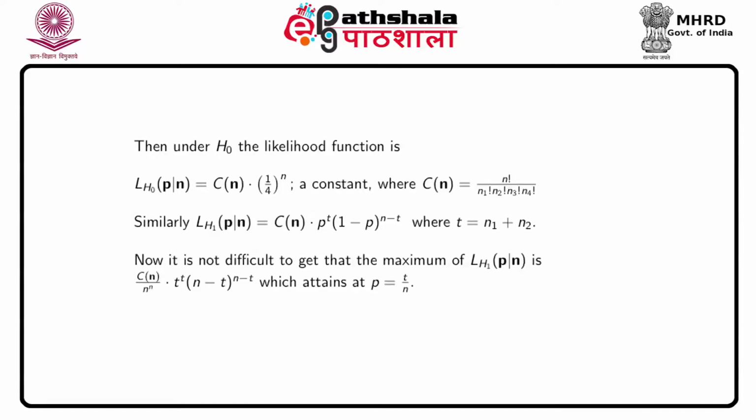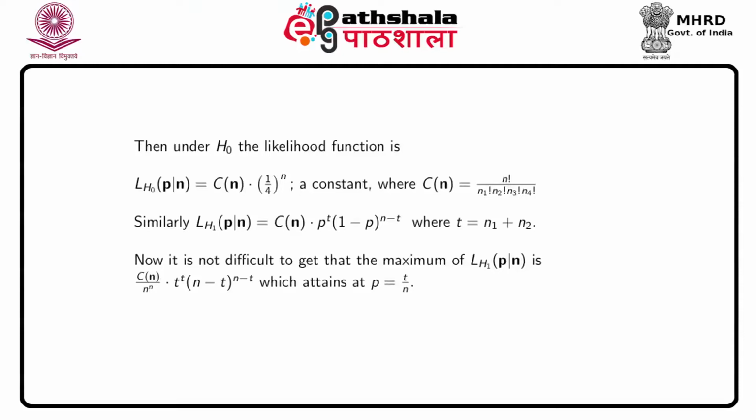Then under H naught, the likelihood function of P curl given n curl is equal to some function C of n curl times 1 by 4 to the power n, which is a constant, where C of the vector n curl is equal to n factorial by n1 factorial, n2 factorial, n3 factorial and n4 factorial.